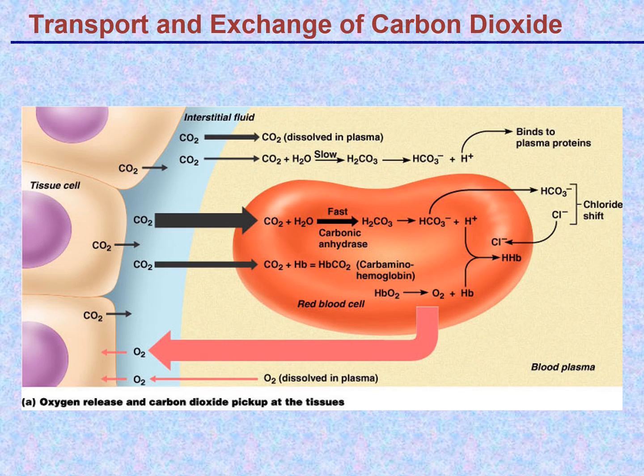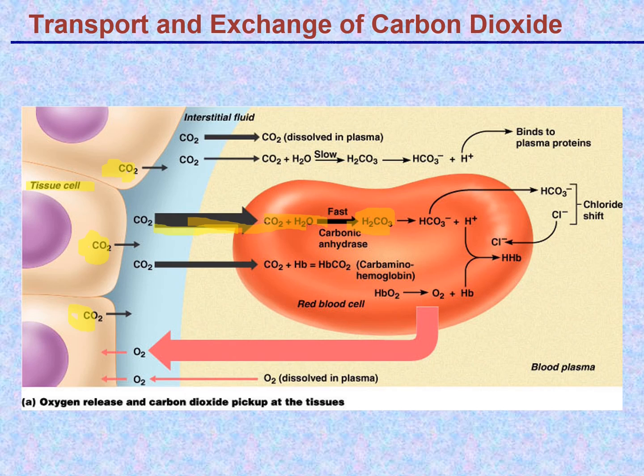And here you see it drawn. Here we're in the tissues. There's a cell in the tissues that is producing carbon dioxide, and the carbon dioxide diffuses across into the capillary, goes into the plasma, and the vast majority of it would travel into the red cells, and under the action of carbonic anhydrase produce carbonic acid.